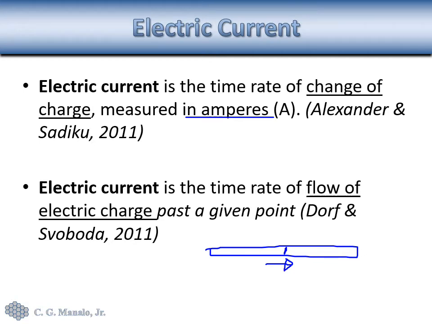If you measure the time rate of flow of this charge past this given point, you're actually measuring the current. So the higher the flow, you will get a higher current. Again, take note that if this is the direction of the flow of the electrons, current is in the opposite direction.